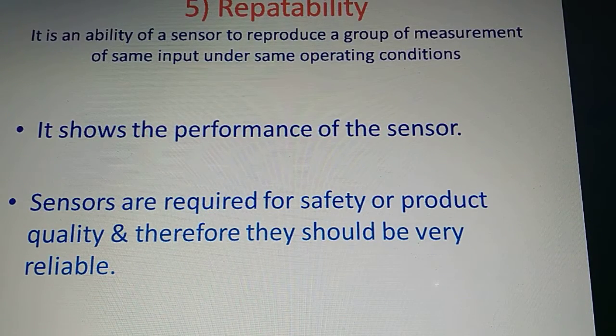The next characteristic of the sensor is repeatability, and this repeatability is the ability of a sensor to reproduce a group of measurements of the same input under the same operating conditions, and thus it shows the performance of the sensor. Sensors are required for safety and product quality, and therefore they should be reliable.